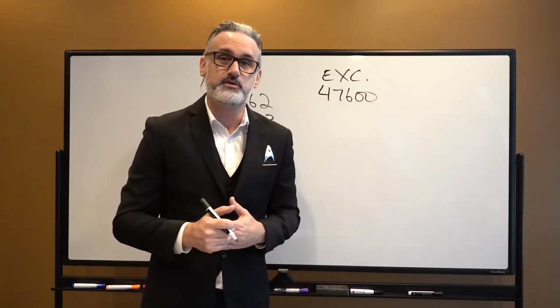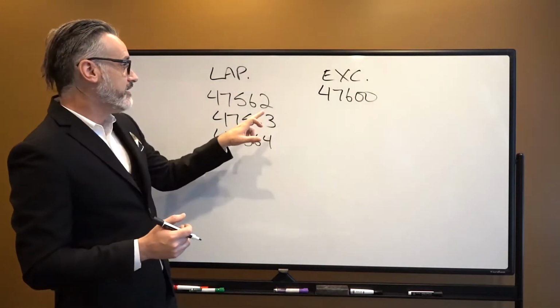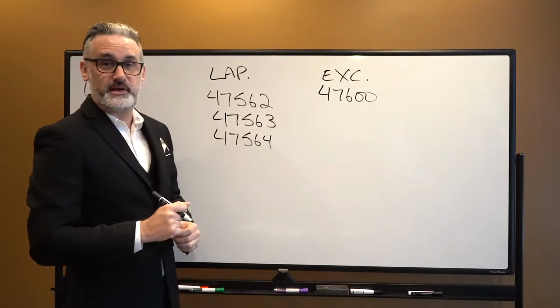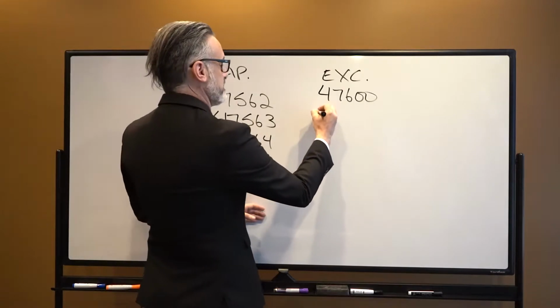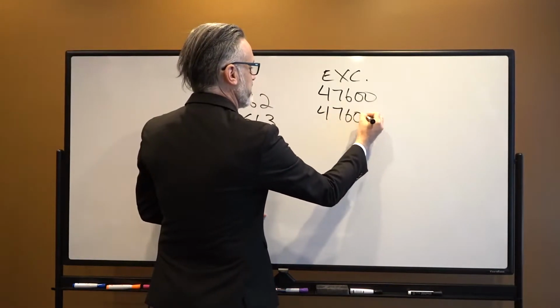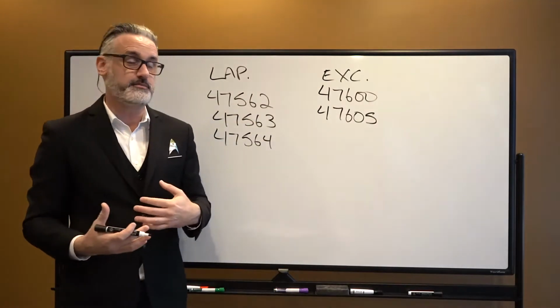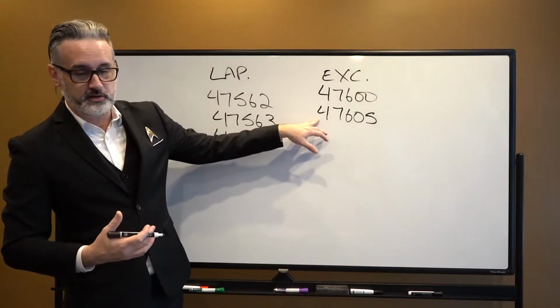But we do have some kid codes with this as well. So we have 47600, just the gallbladder being removed, but we have 47605, excision cholecystectomy, so removing the gallbladder with cholangiography.